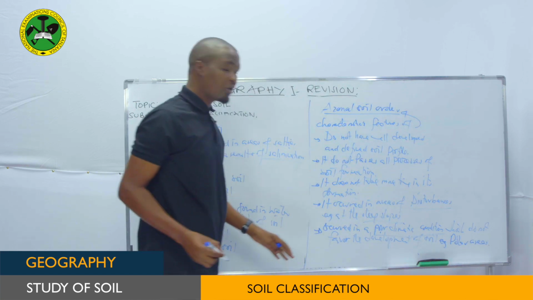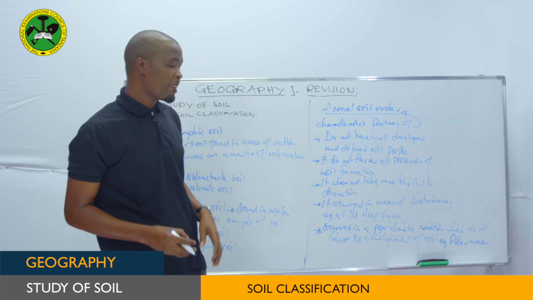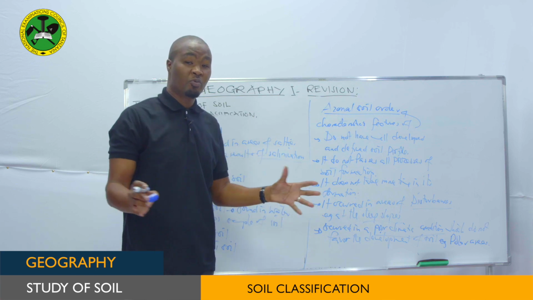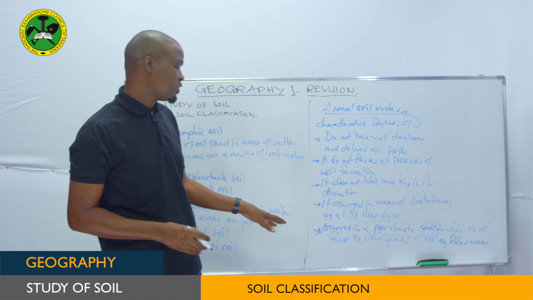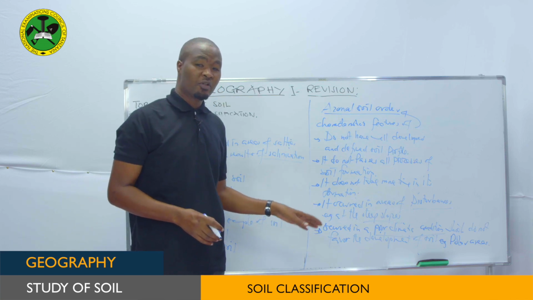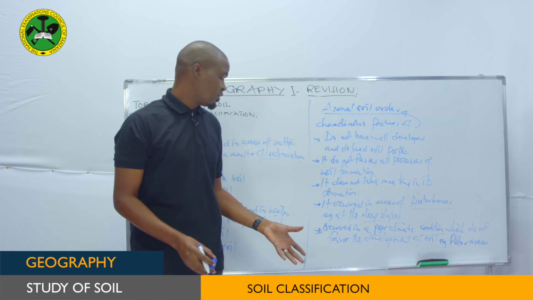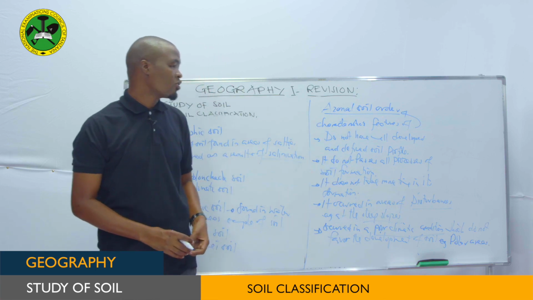Examples of this soil are soil found on steep slopes, soil found in areas of ice accumulation, for instance in Arctic areas, or sometimes in desert areas where there is too much wind blowing. Those soils found in those areas are azonal soil order.